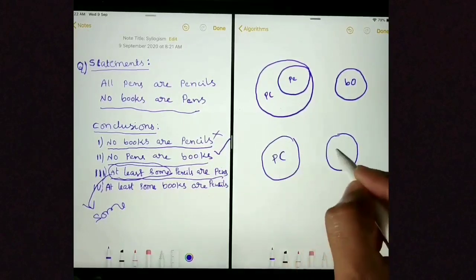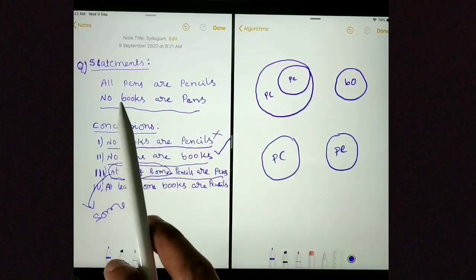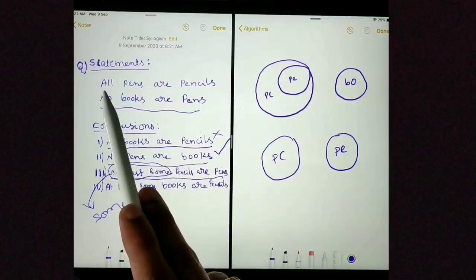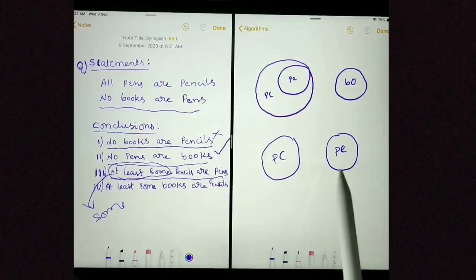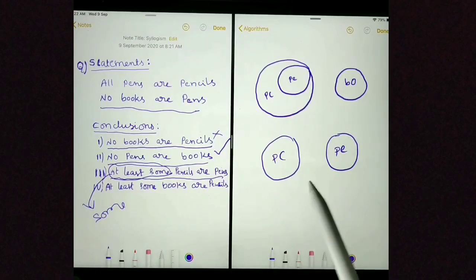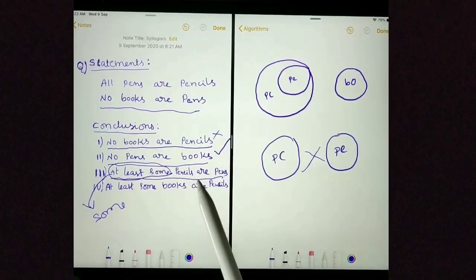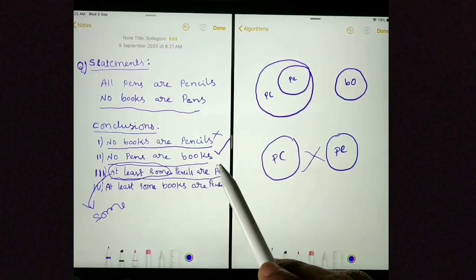This is pencil and this is pens. If we draw like this, we are violating statements because the statement says all pens are pencils. Pen circle should always be inside the pencil circle. Because I am not able to prove no pencil is pen, this conclusion is true.